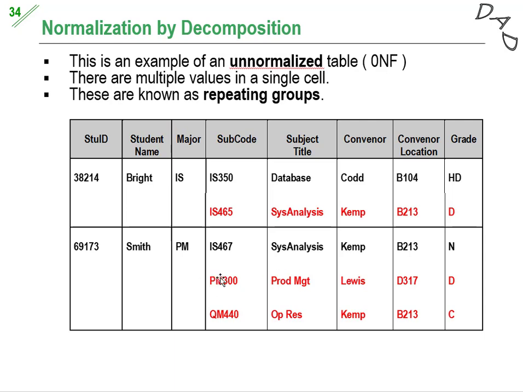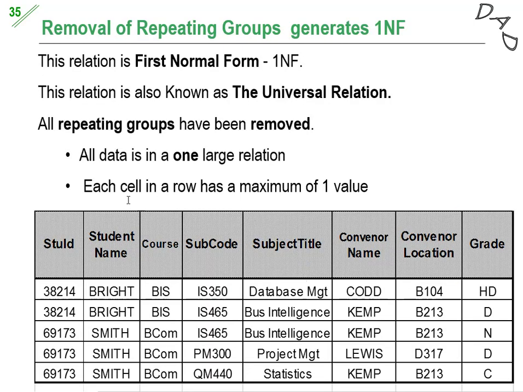That is what we mean by eliminating the repeating entities. So if you eliminate the repeating entities, your final table now looks like this. Each cell now contains a single value, right? So now we have achieved the first normal form.